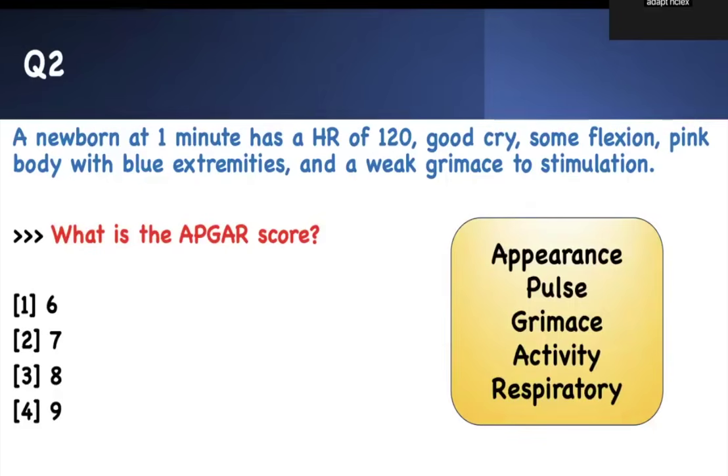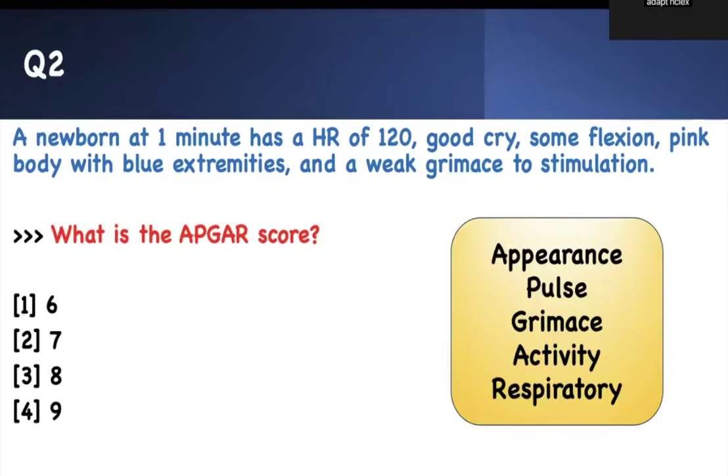We want the kid's skin to look better. We want the pulse to be high, greater than 100. Your reflexes should be active, right? And when you're active, your muscles should be working. Flexion, you get 1. Anything above flexion is good. If you're limp, you don't get anything. When you're crying, you have good respiratory activity going on.